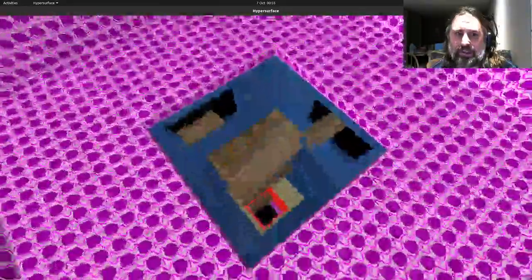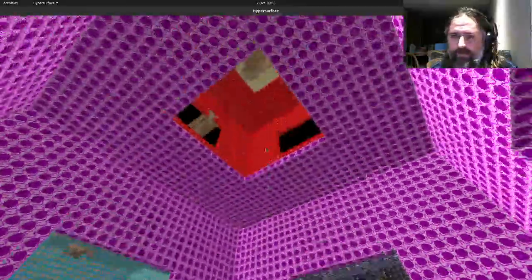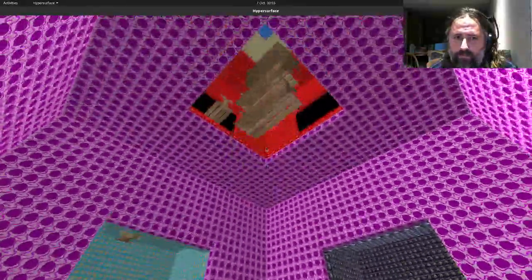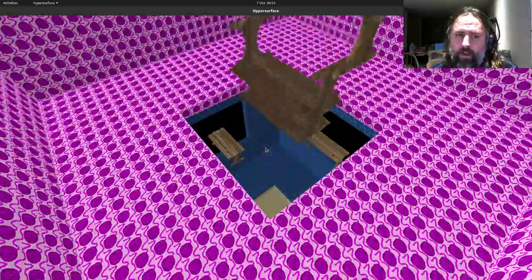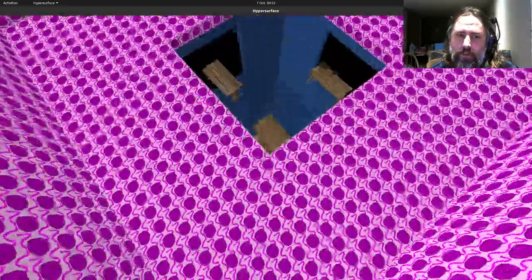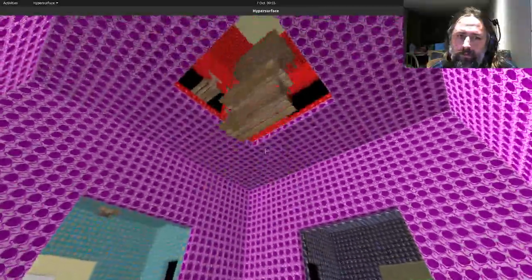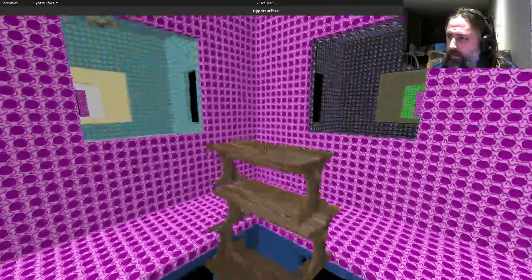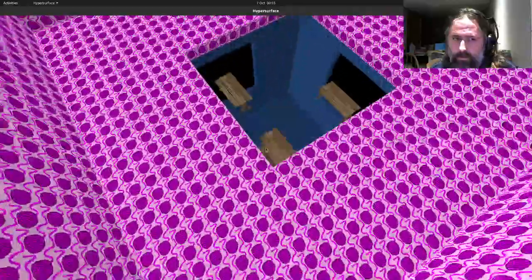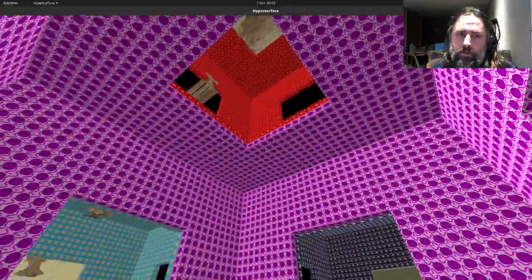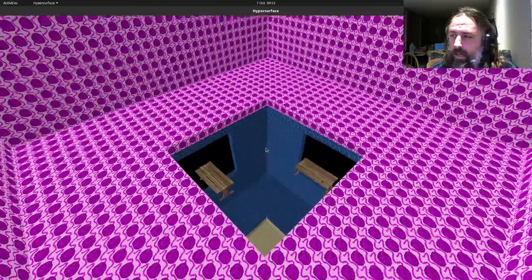I can't win! But in any case, they are behaving consistently between rooms. They're not phasing through each other, which is what we saw earlier. So that's good.